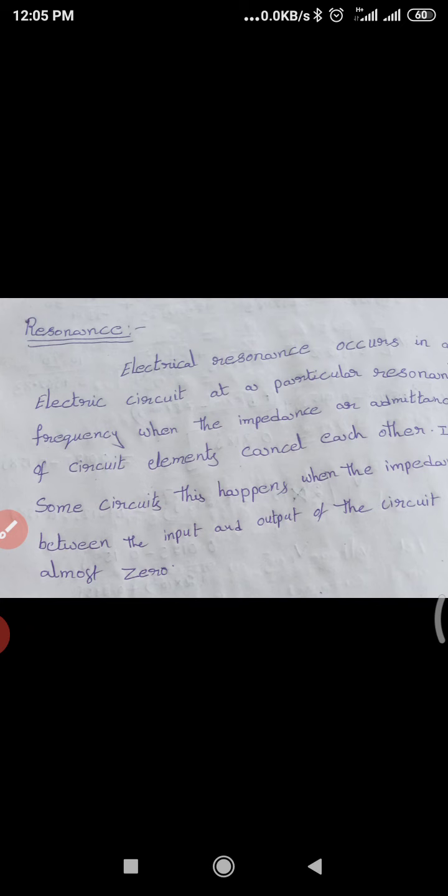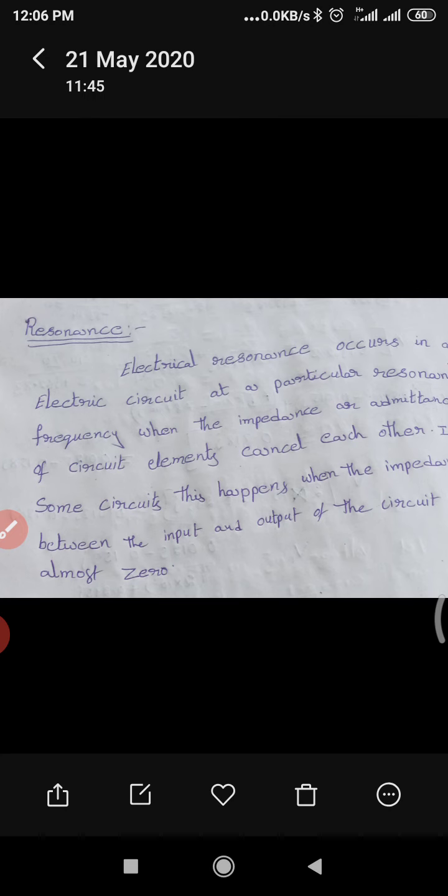For example, take the radio. For a particular frequency only, that radio is in the on state. If you change the frequency, that radio channel automatically turns off and it is connected to another channel. That is the concept we are using here.